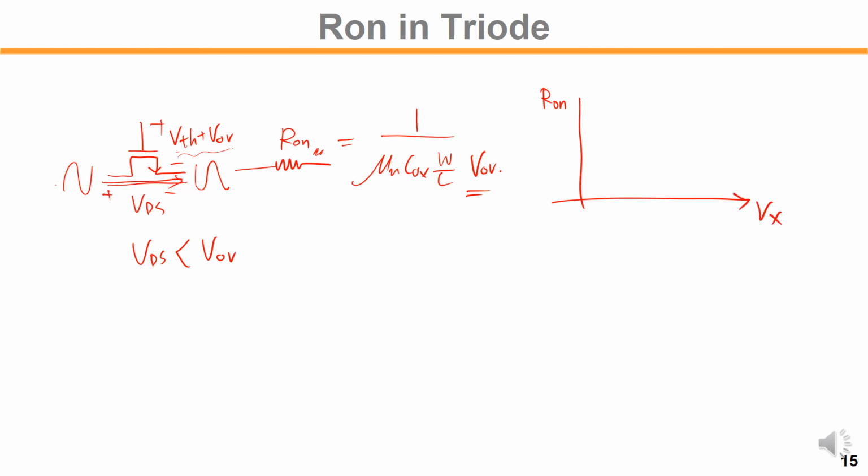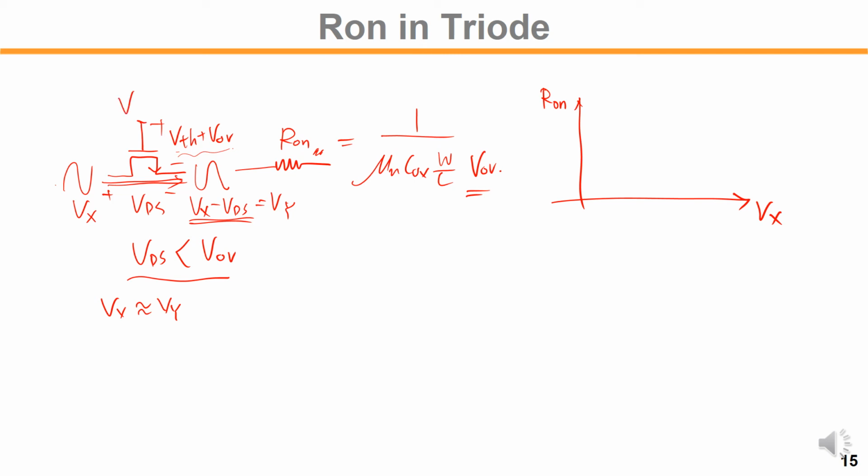Let's say the VDS is very small, so here is Vx and this is Vx minus VDS, right? So in triode region, Vx and Vy are similar. In that case, we can draw the on resistance of the MOS.